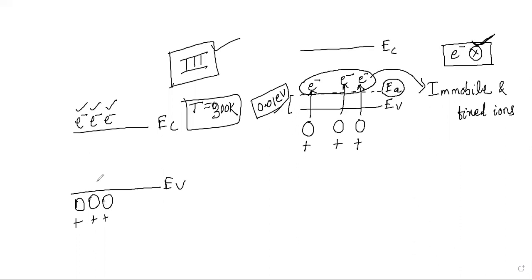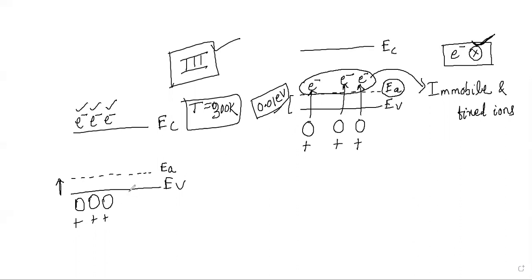Now, in addition, because we added some trivalent impurity, we created some vacated electronic states in this acceptor state, and the energy required for electrons to move from the valence band to this acceptor state is very small, which can be generated by a very small thermal agitation.